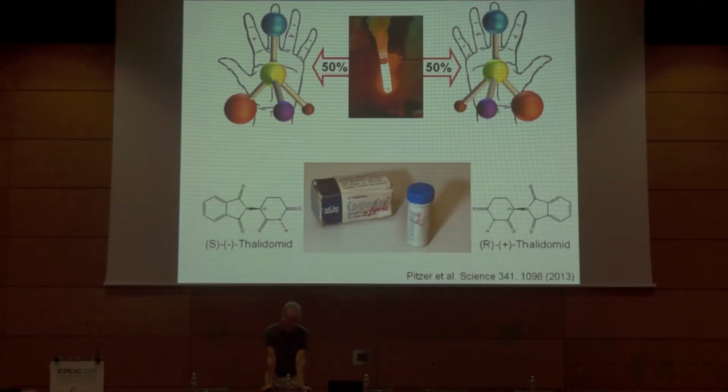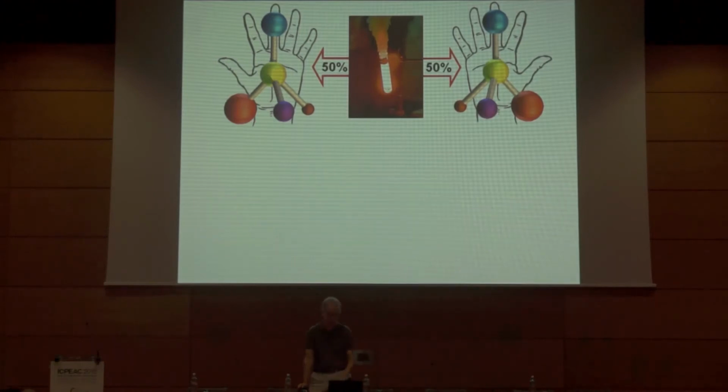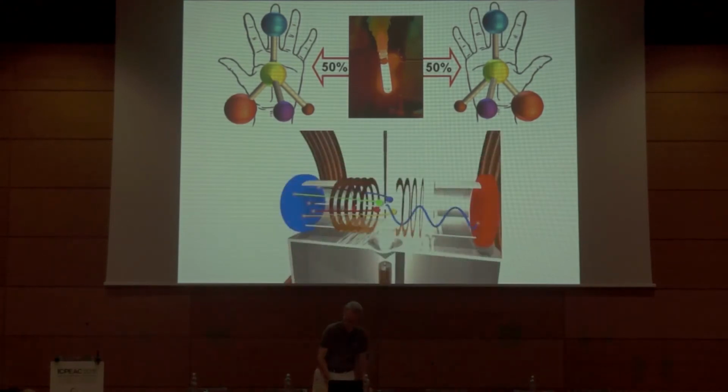And that is very important in the pharmaceutical industry today. Many drugs are enantiosensitive, and the most famous example is Contergan, where one of the enantiomers is a sleeping drug, and the other one causes birth defects. So today, it's a big issue to be able to distinguish the two for all kinds of drugs.